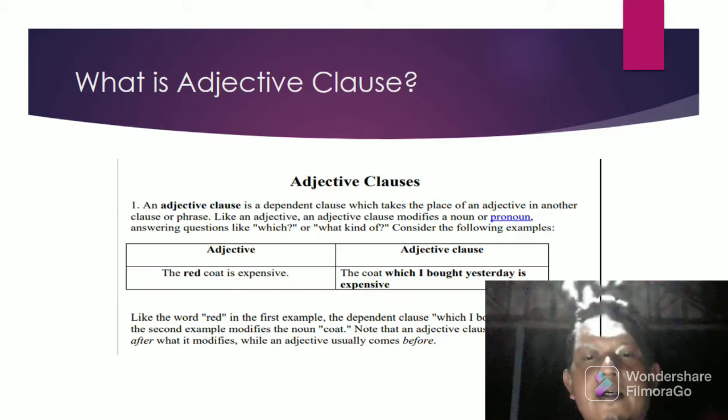An adjective clause, remember, modifies the noun or pronoun. The example: the red coat is expensive is a common adjective, while the coat which I bought yesterday is expensive is the adjective clause.